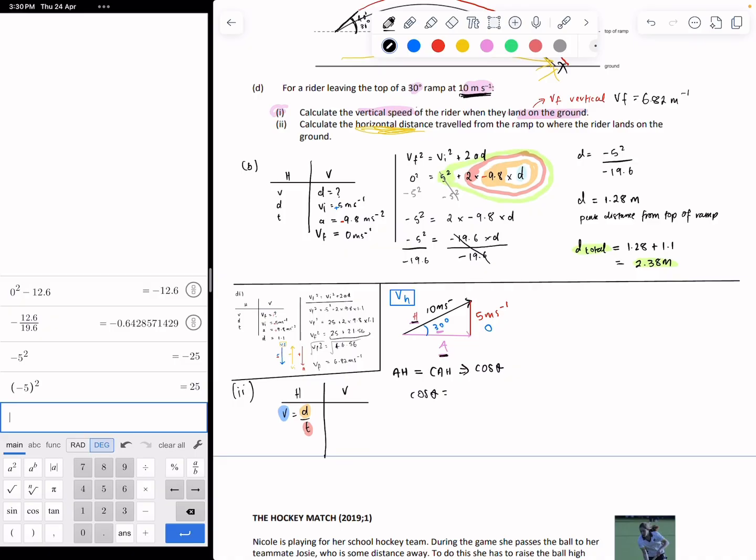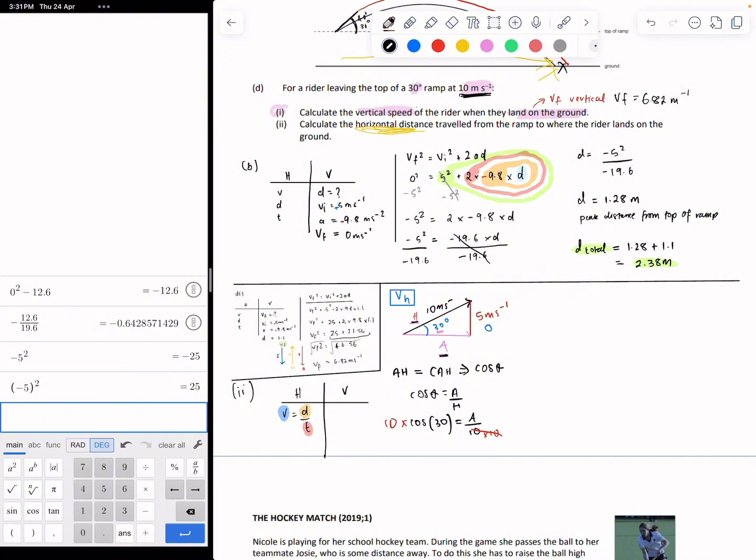Cosine theta equals A over H, substituting everything in. Adjacent is what we're trying to figure out. H is 10. To get rid of the 10 on this side, I have to multiply it by itself. That means I have to times this side by 10.